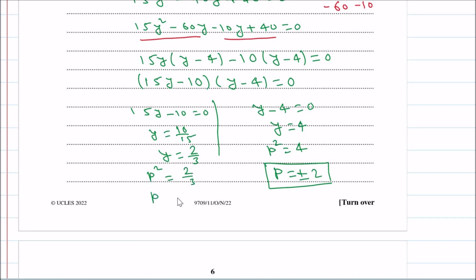So p equal to plus minus root 2 by 3. So these are the four answers: plus minus 2 and plus minus root 2 by 3.